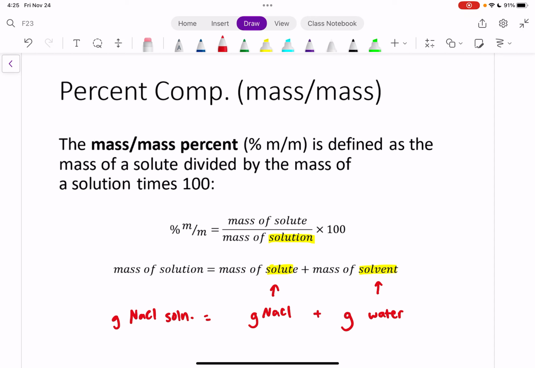So don't be fooled. When I say mass of solution down here, I'm talking about the mass of your solute plus the mass of your solvent. That's going to give you the total mass of your solution. So this number here is what goes here.